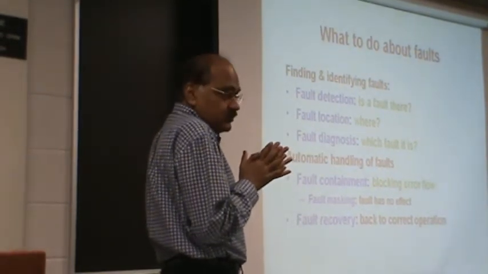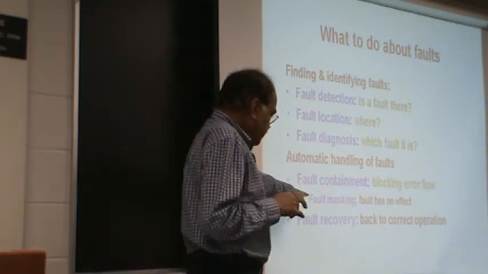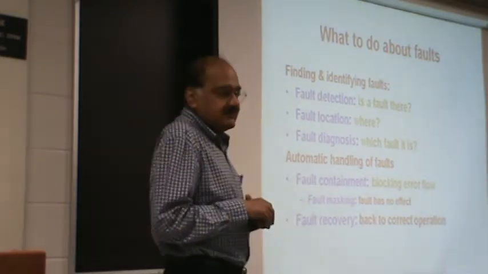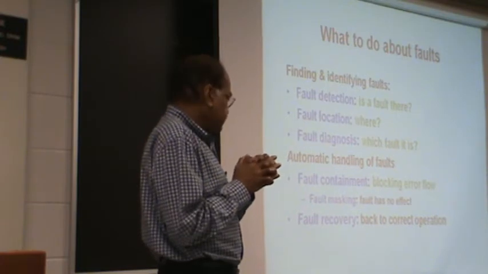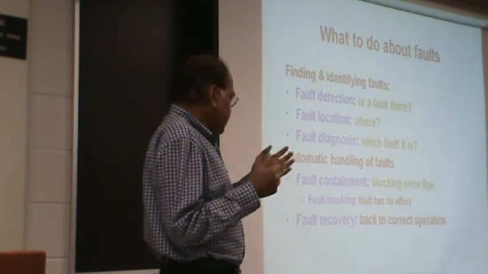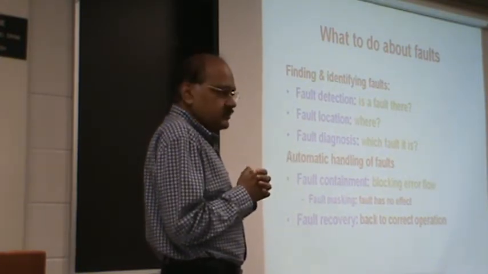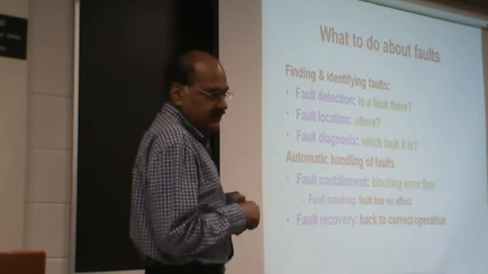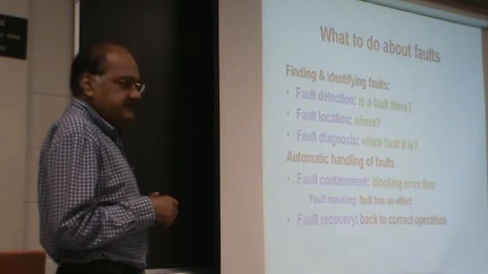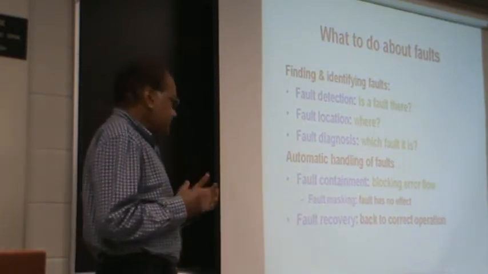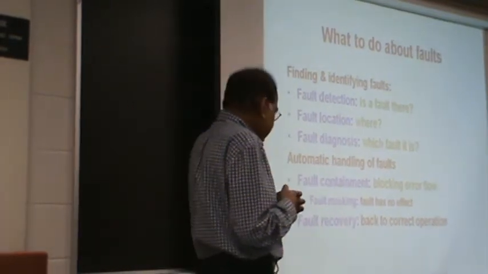And sometimes you can have some scheme which can simply mask the effect of the fault, so the fault doesn't have any effect. Of course, if you want to do fault masking, it is going to cost you. It is going to take extra hardware perhaps, but in some cases you have to pay the cost.